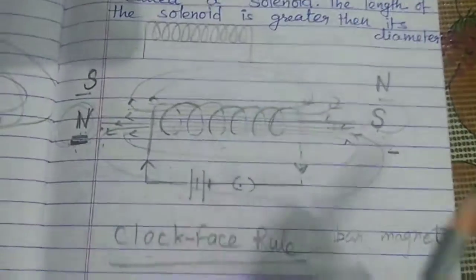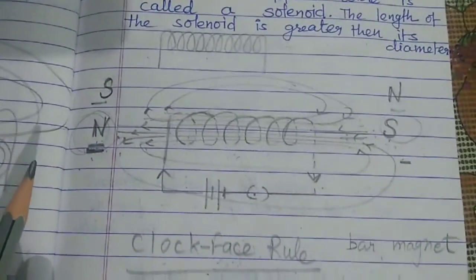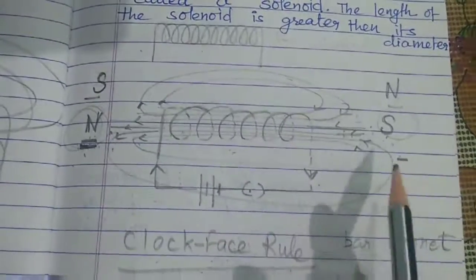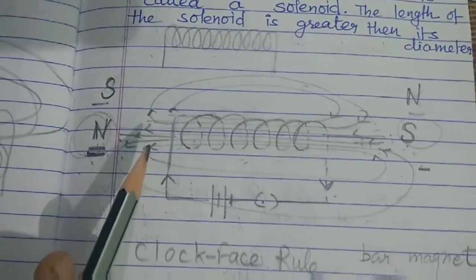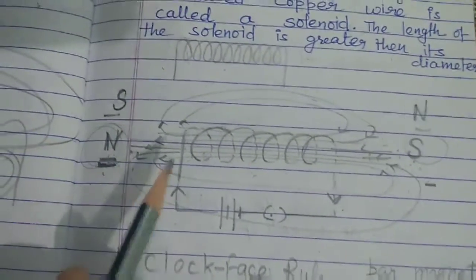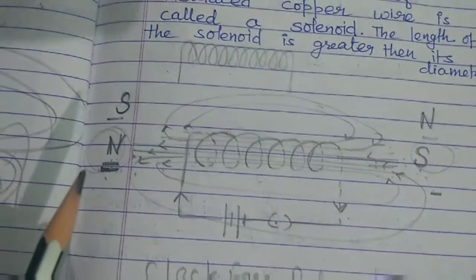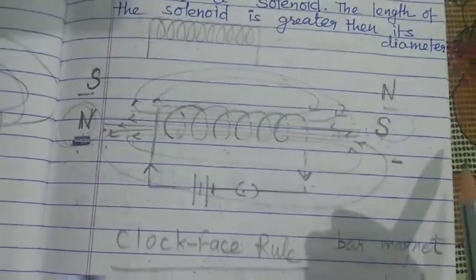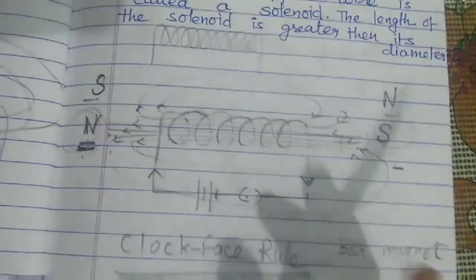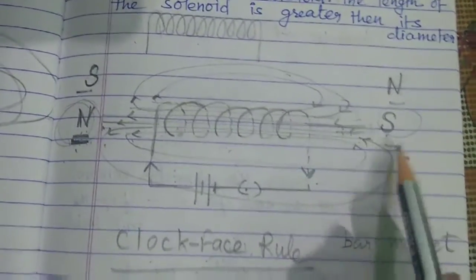Hence, we can say that solenoid behaves as a bar magnet whose one end is north pole and other end is south pole. Which end will behave as a north pole? The end in which the direction of current is anti-clockwise, and the other end in which the direction of current is clockwise, that end will behave as the south pole.